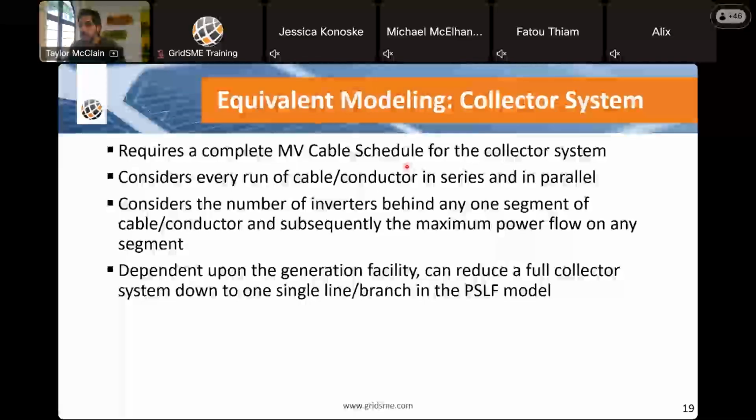And so for the collector system, this is essentially taking what could be hundreds of lines and turning it into a single line for the purposes of modeling. And as we'll discuss a little bit later, there are instances where you couldn't combine every piece of a collector system. Some feeders may need to be separate, but ultimately the goal is to reduce the amount of equipment that needs to be modeled as much as possible due to just the size or the quantity of equipment in a full facility.